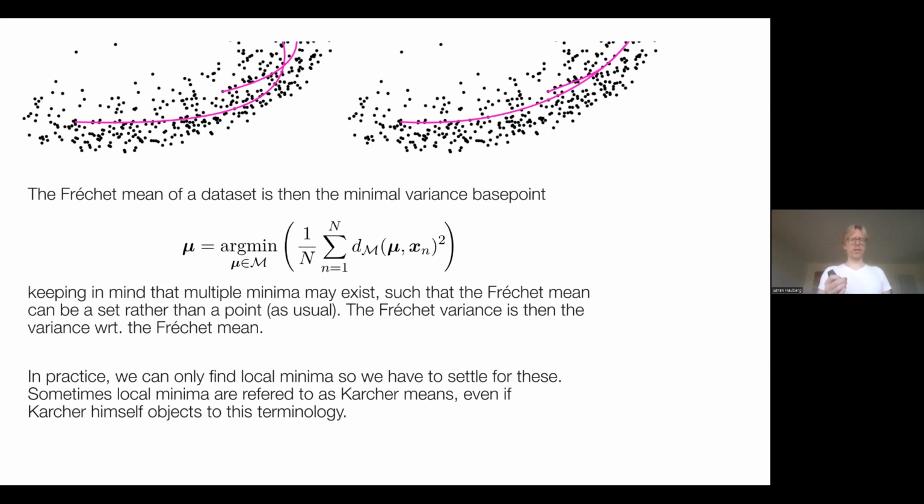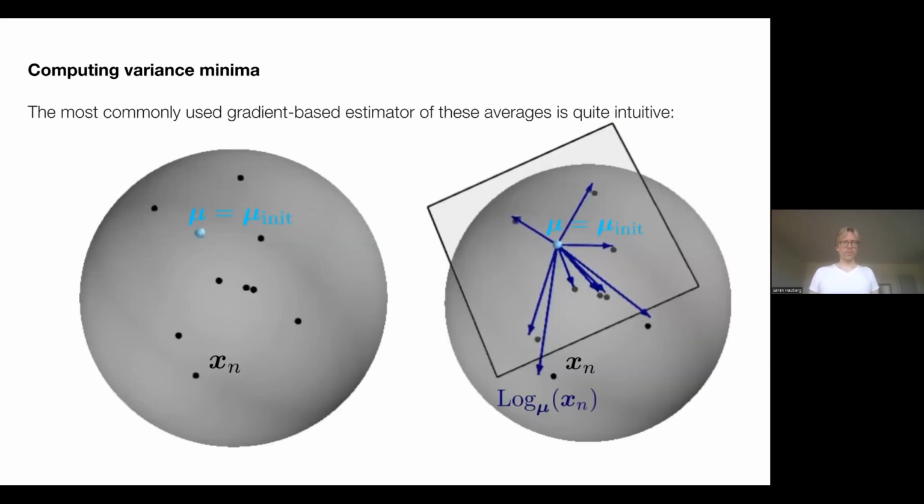But if you ask Karcher himself, he will wildly object to the terminology. He thinks it's deeply problematic, and he has even written papers about how problematic he thinks that name is. It is nonetheless the most commonly used name for local minimizers of the variance.